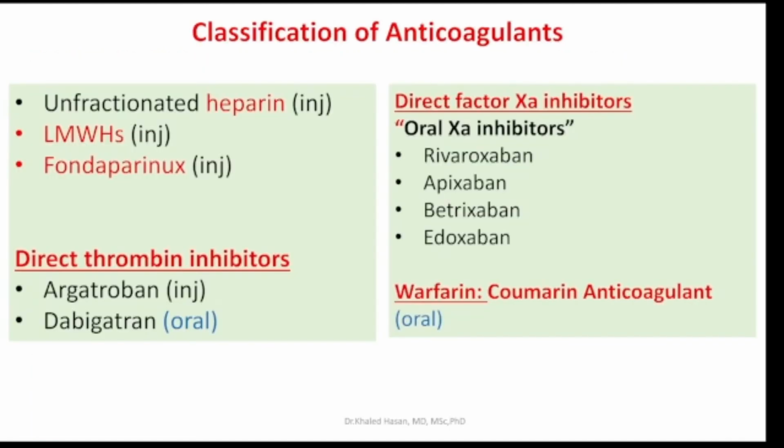Briefly again, in this category we have one medication left to finalize, but we already covered heparin, low molecular weight heparin, and fondaparinux for their mechanism of action. We covered argatroban, dabigatran, rivaroxaban, apixaban, edoxaban.